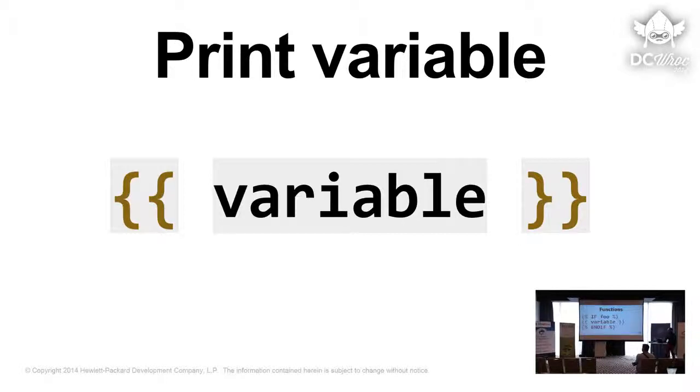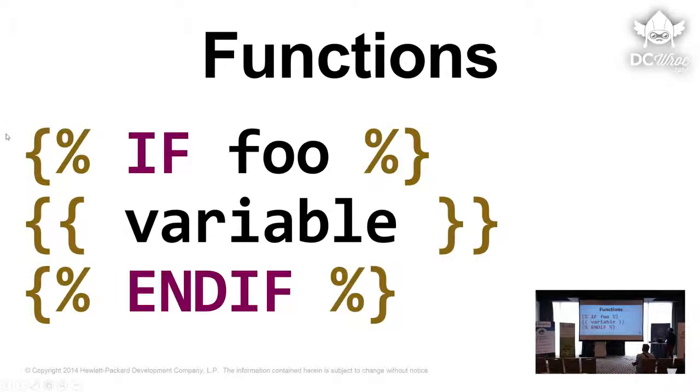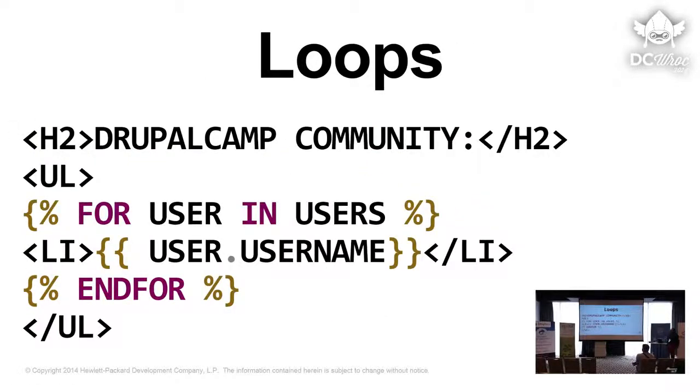Here is an example of functions. So here is an if declaration, which will print the variable if foo exists. And here is an example of loops. As you can see, here is a loop which will display usernames of the Drupal camp community.